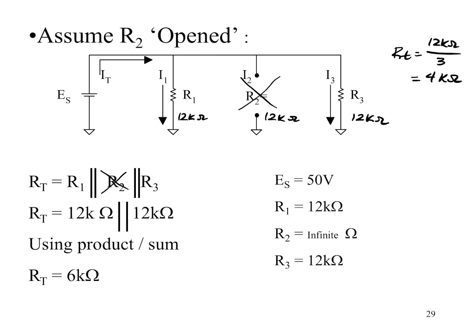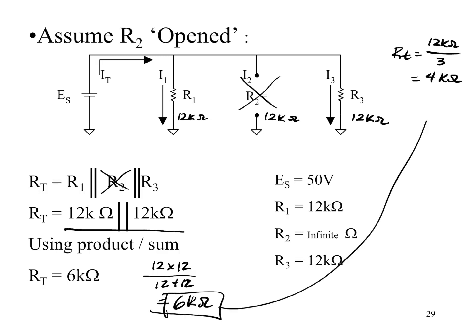Therefore the R2 value is not part of this equation anymore, and you only have R1 and R3. Here we could use product over sum: 12 times 12 over 12 plus 12, as a value in K, gives you 6K ohms. Clearly 6K ohms is more resistance than 4K ohms, and this is our new R total value.